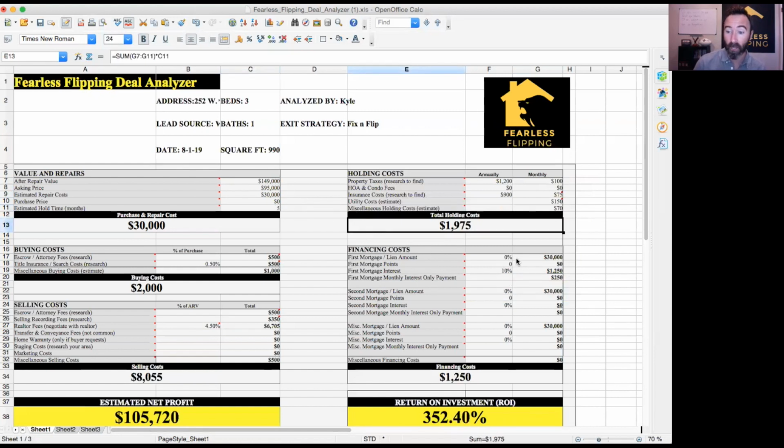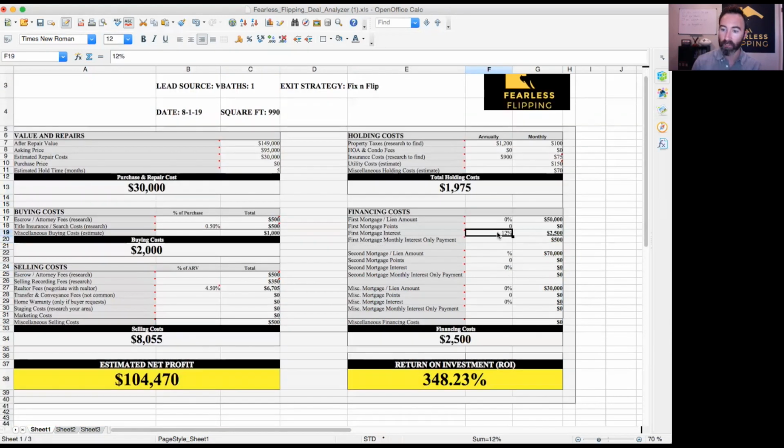And then my financing costs. What kind of money am I getting? To make this simple, we're going to say that they do all of it. They're going to do 100%. And let's just say that right now our purchase price is, I don't know, let's say it's $90,000. So at $90,000 plus the rehab, that's $120,000, right? This should be a zero, by the way. This should also be a zero.